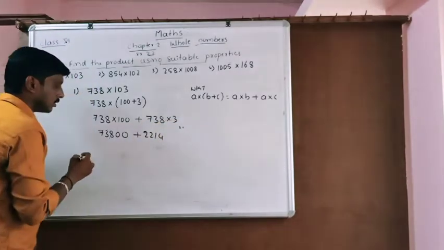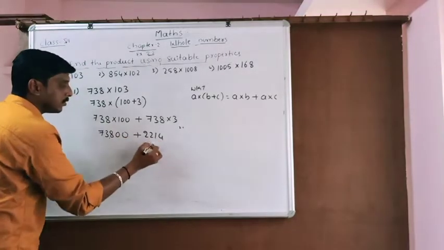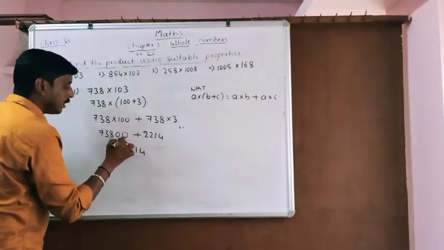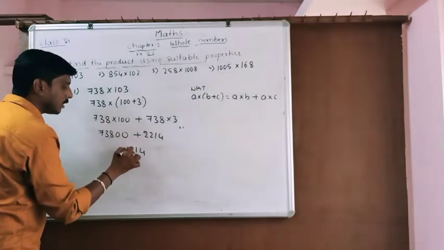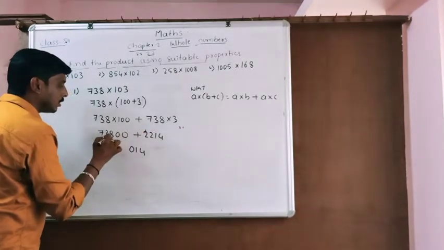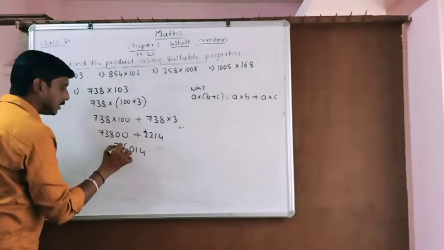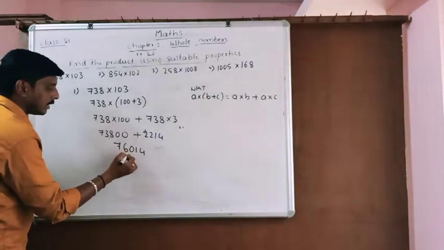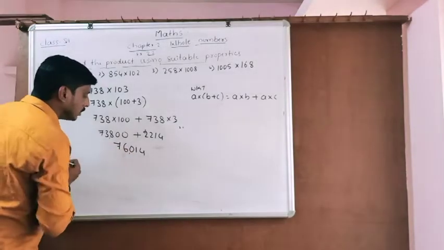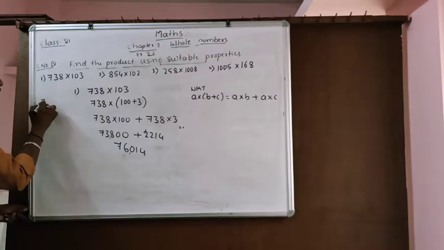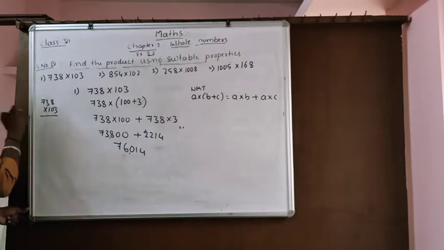Add these two numbers. 0 plus 4, 4. 0 plus 1, 1. 8 plus 2, 10, 1 carry. 3 plus 3, 6, and this 7 as it is. So finally it is 76,014.